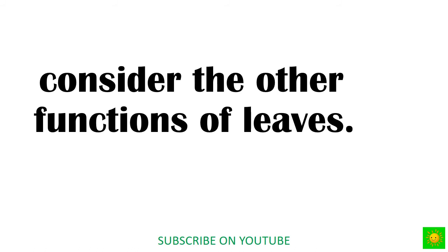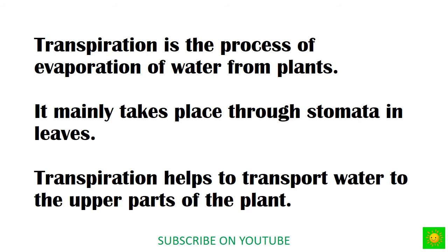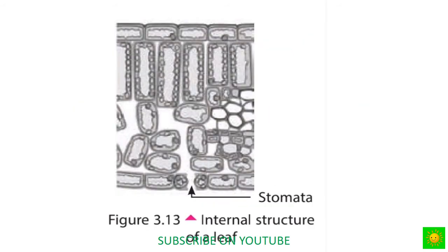Let us consider the functions of the leaves. Transpiration is the process of evaporation of water from the plants. It mainly takes place through the stomata in leaves. Transpiration helps to transport water to the upper parts of the plants. Can you see the stomata in the picture?